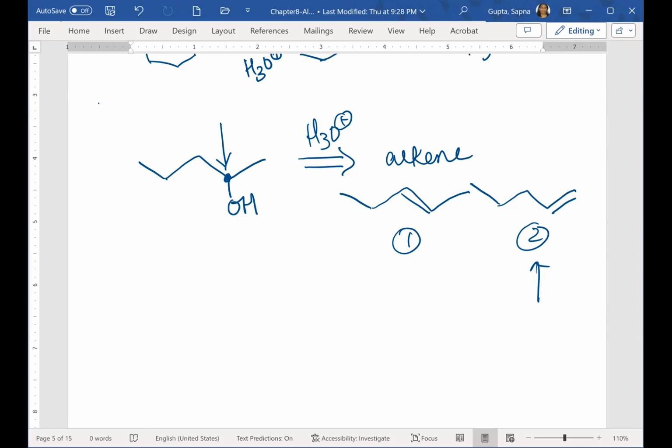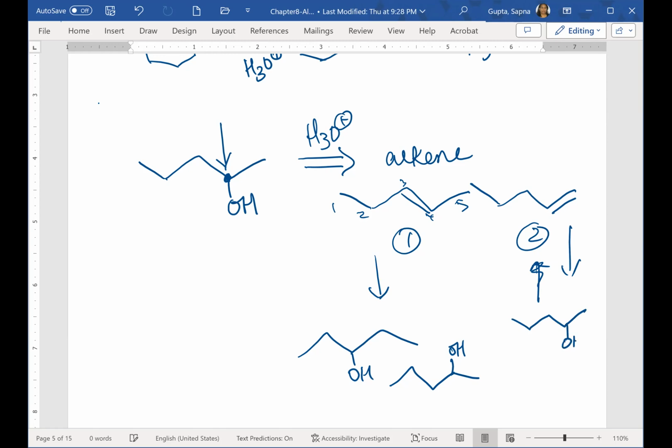If you do hydration on the first one, then you can get, this is 1, 2, 3, 4, 5. So you can get an alcohol either on the 3rd carbon or on the 4th carbon. So you get a mixture. But if you do hydration on the second one, then you will get that only over here.